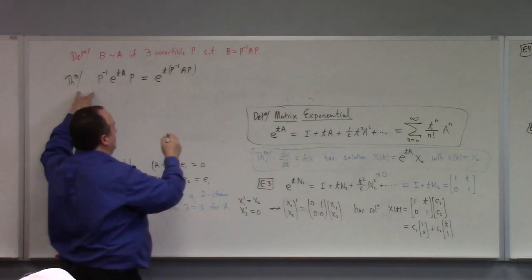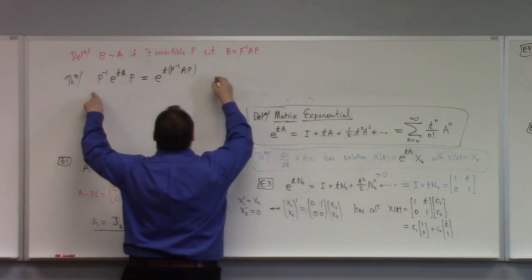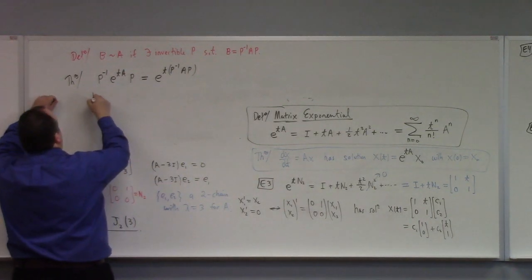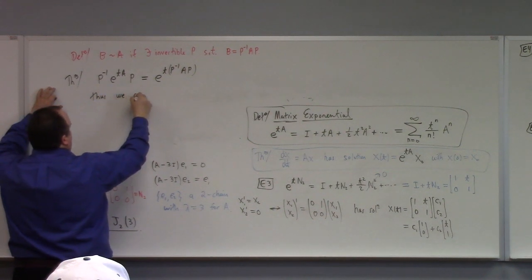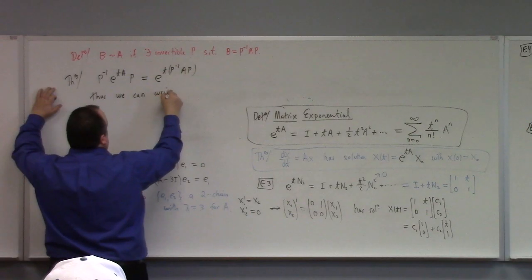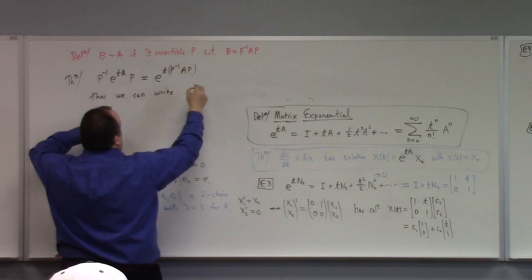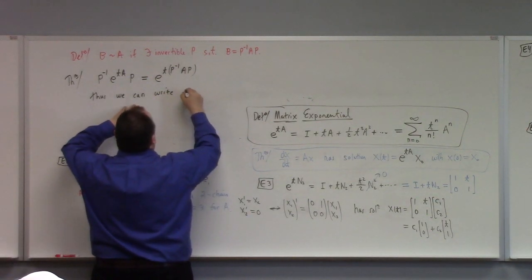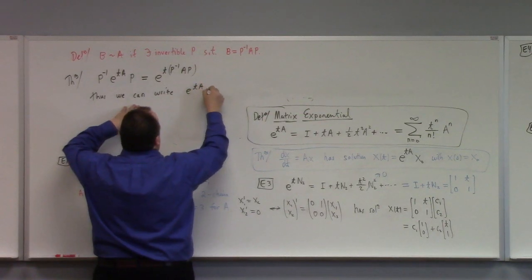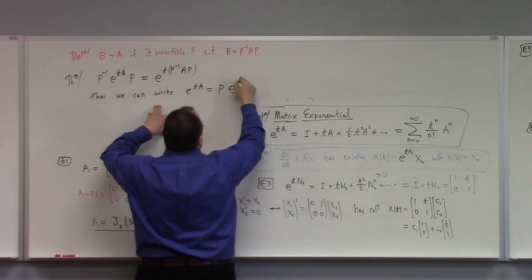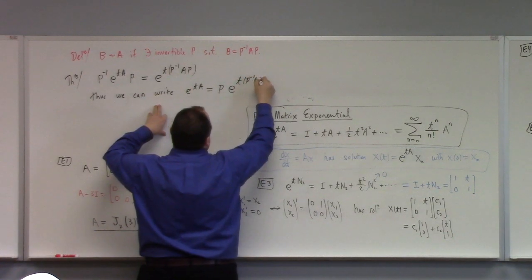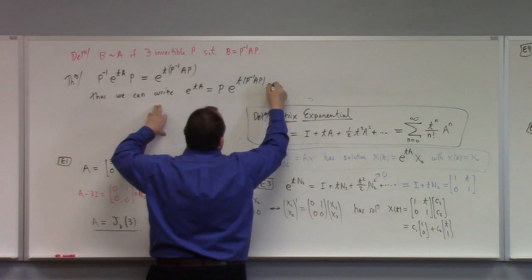Thus, we can write e to the tA as equal to P e to the t times P inverse AP times P inverse.